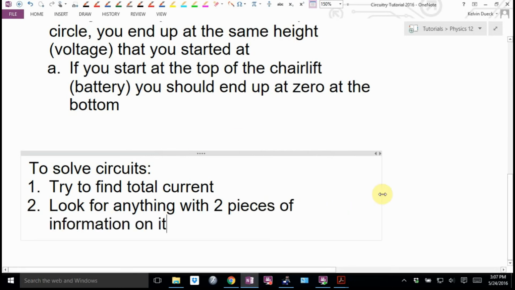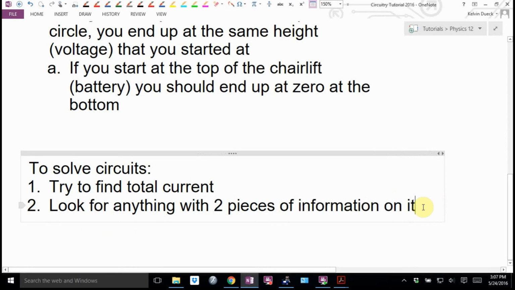If there was any resistor that had 2 pieces of information, because if we know 2, we know 4. We're using power equals V times I and V equals I times R. If that didn't work, then you would try skiing.